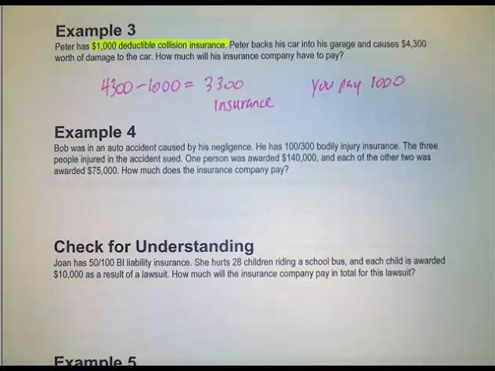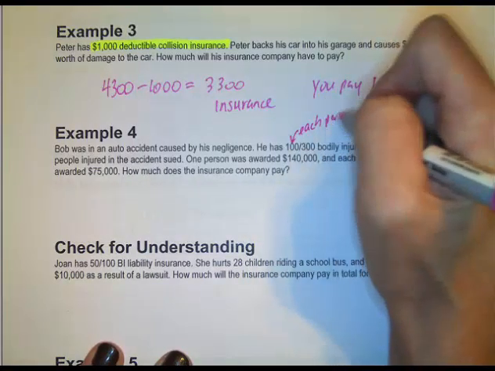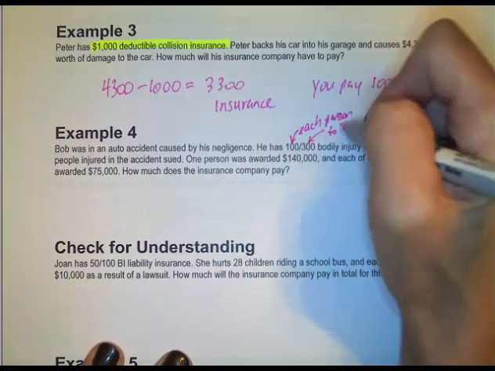All right. So that deductible is an important word. So example 4. Bob was in an auto accident caused by his negligence. He has 100/300 bodily injury insurance. The 3 people injured in the accident sued. One person was awarded $140,000, and each of the other 2 was awarded $75,000. How much does the insurance company pay? Well, remember, the 100 means each person, and this means the total accident.